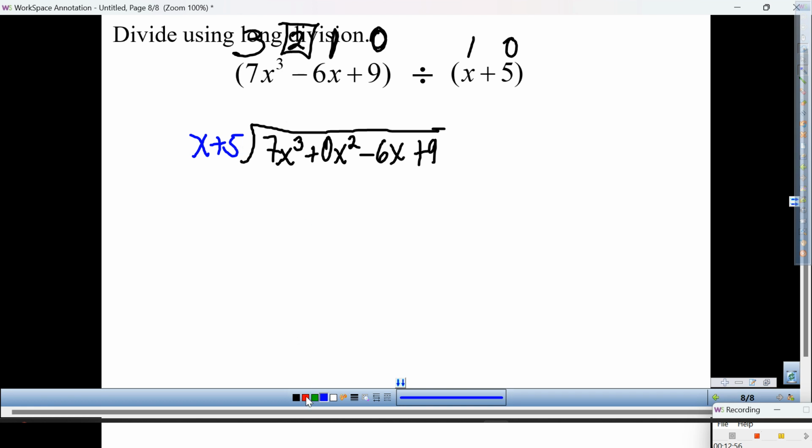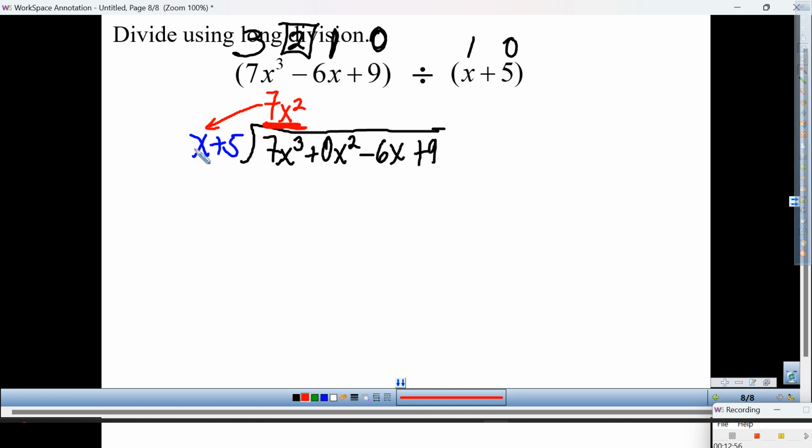All right, here we go. Start with red. What number times x gives me 7x cubed? Tell your neighbor, please. Yeah, 7x squared. So 7x squared, and I'm going to draw arrows this time for those of you that got distracted. Maybe your neighbor distracted you. I'm going to multiply first times that one.